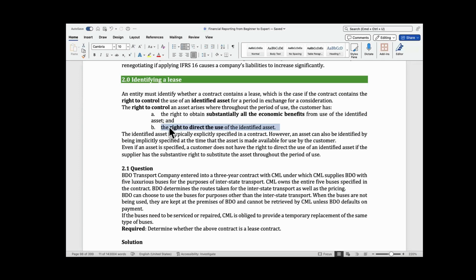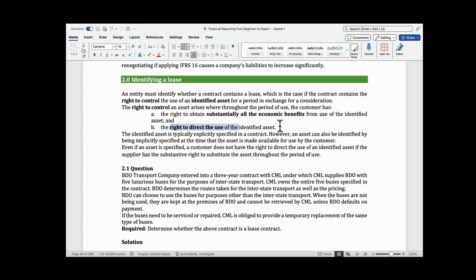But this one's lacking. In those two scenarios I gave you, they lack the right to direct the use of the assets. They have been restricted. Even in the move example, they are not the ones that determine the pricing; it is the software. They can't move outside a jurisdiction.